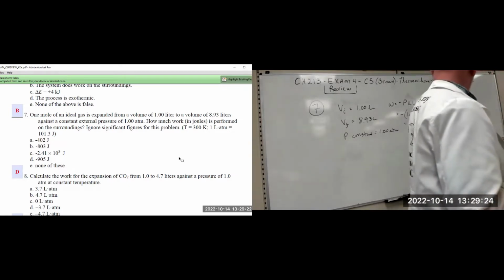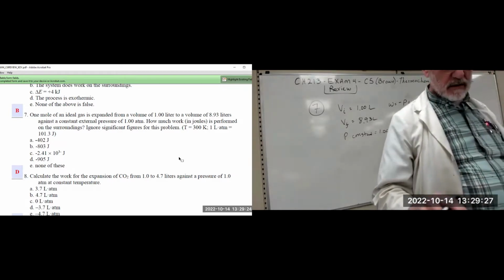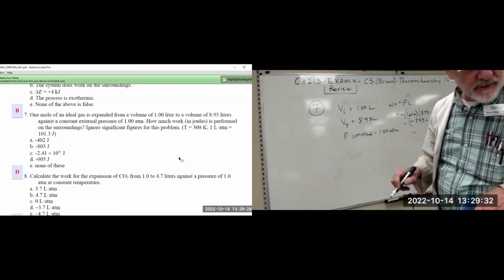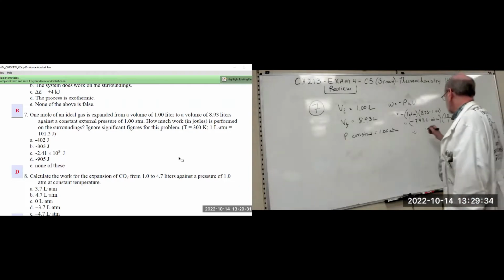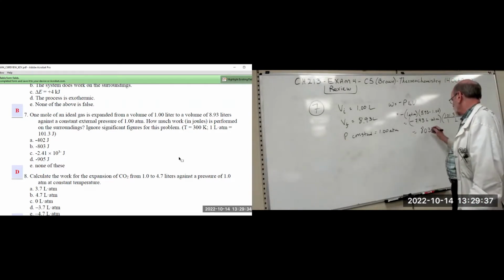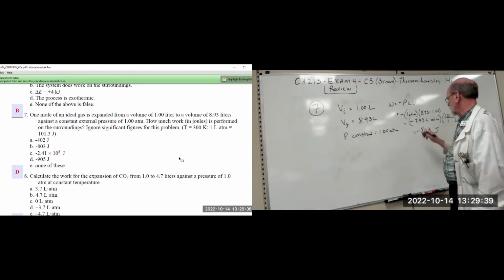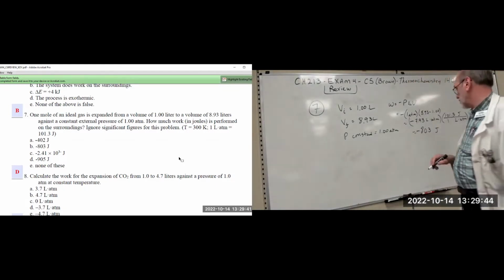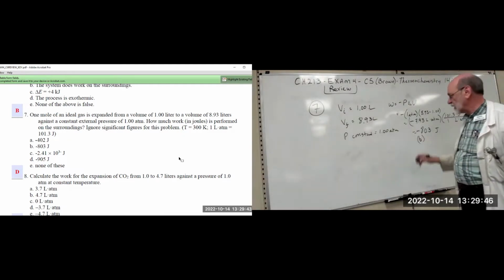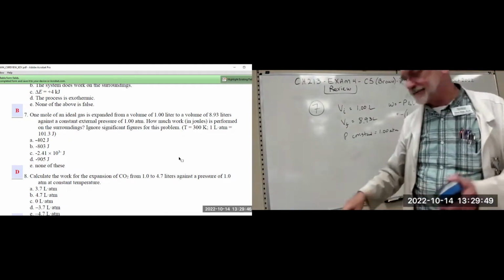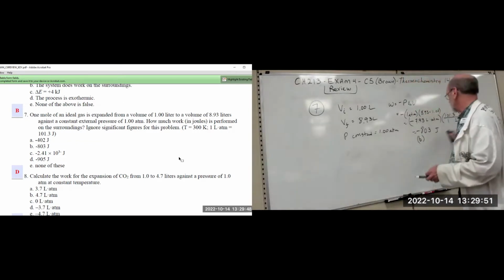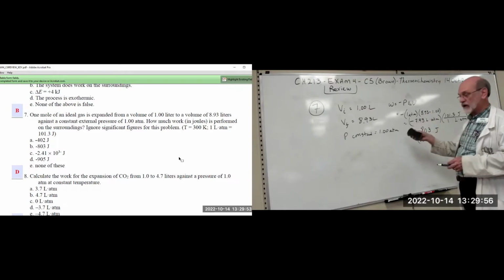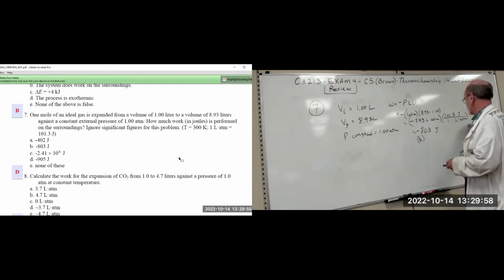I hit the wrong keys. So let's round it off: 803 joules, and that's negative. So that's why the answer is B. And that means that yes, the system is doing work on its surroundings. That number is negative.